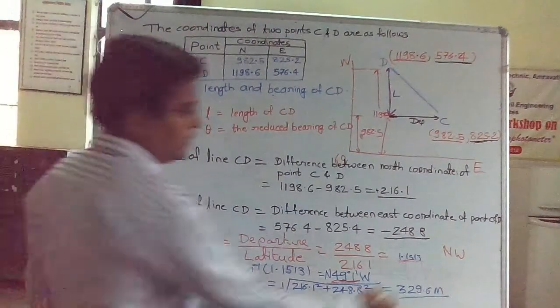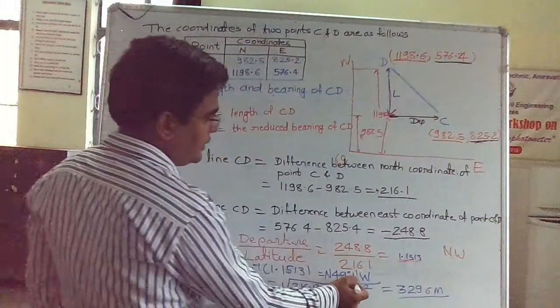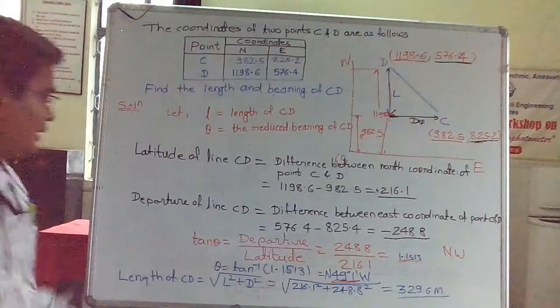We know the quadrant already, northwest, so north 49 degrees 1 minute west is the bearing of line CD.